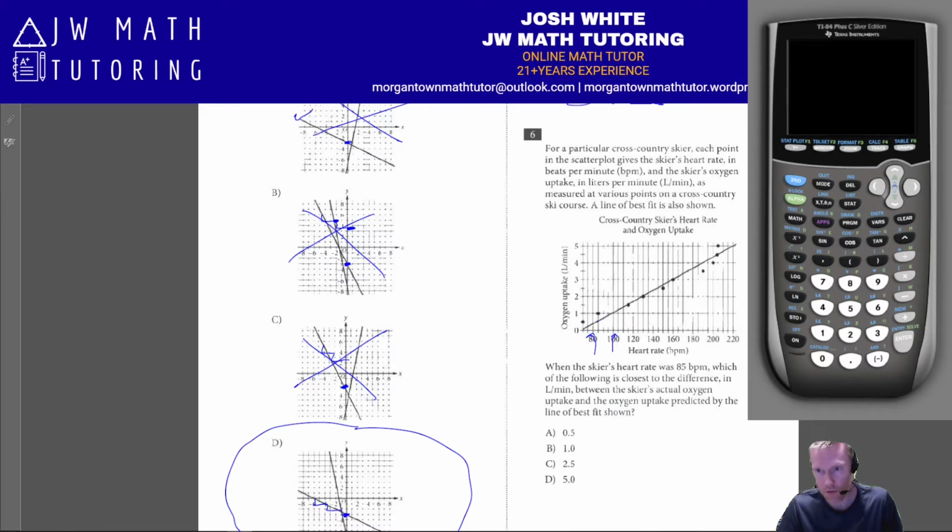Well, if we would draw a line over here, it looks like it's halfway between 0 and 1, so maybe it's 0.5. So 1 minus 0.5, the difference between actual and predicted, is going to come out to be about 0.5. So the correct answer for this one is letter A. Again, all we're doing here is looking at the difference in the y values between a point on the graph and a point on the line.